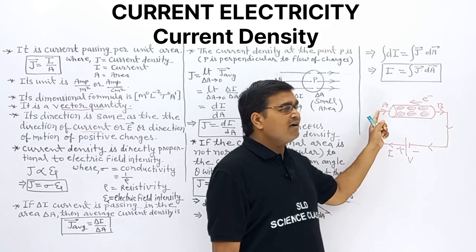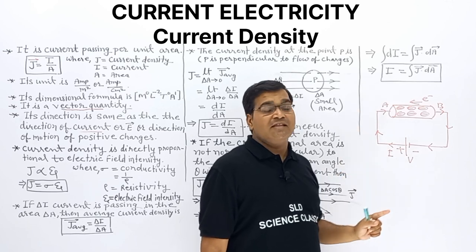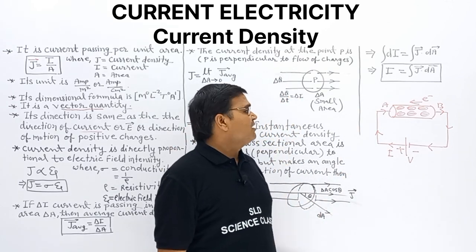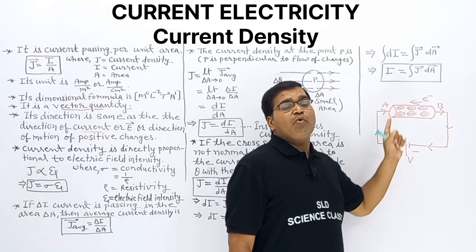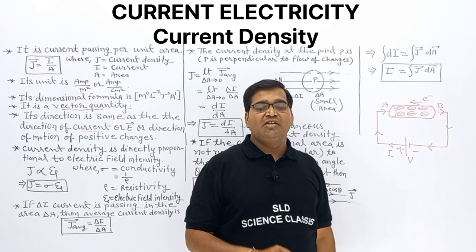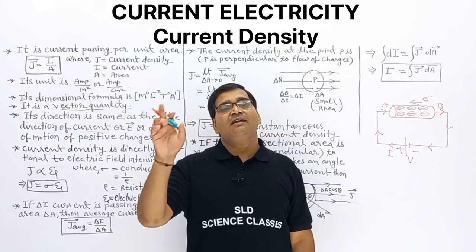So we can say current direction is the flow of positive charges, and it is the direction of the electric field. Current direction is the electric field direction, the direction of flow of positive charges, and the same as current density.